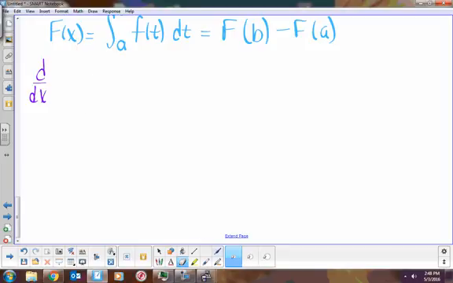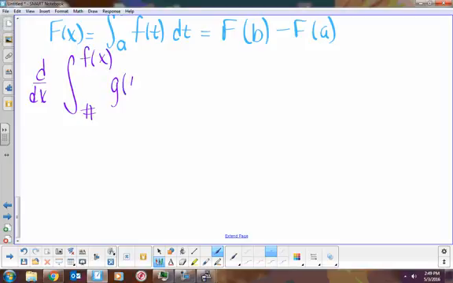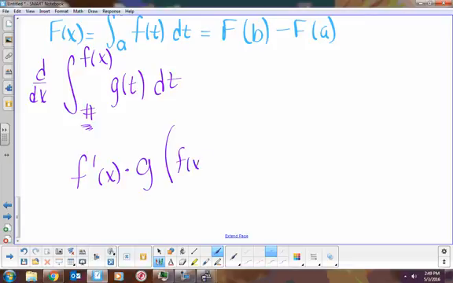The derivative of an integral from some number to some function of, let's say, g of t dt says that, first of all, that has to be a number. Then you do the derivative of the upper limit times that function substituted into your function. That will be tested somewhere.